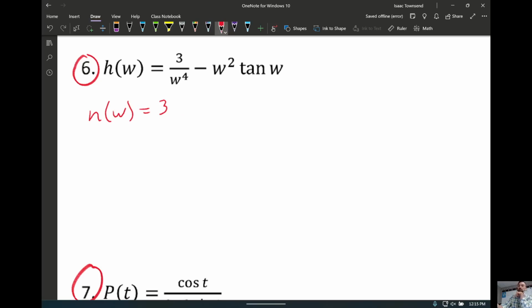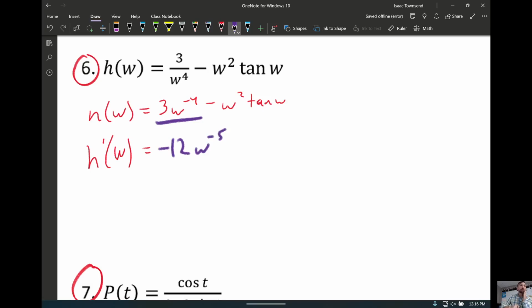So instead of w to the 4th in the denominator, you could think of it as w to the negative 4th in the numerator. So now when I start talking about the derivative, this is just power rule. Bring the power down, lower the power by 1. Negative exponents, you will have to move to the other side of the fraction today.